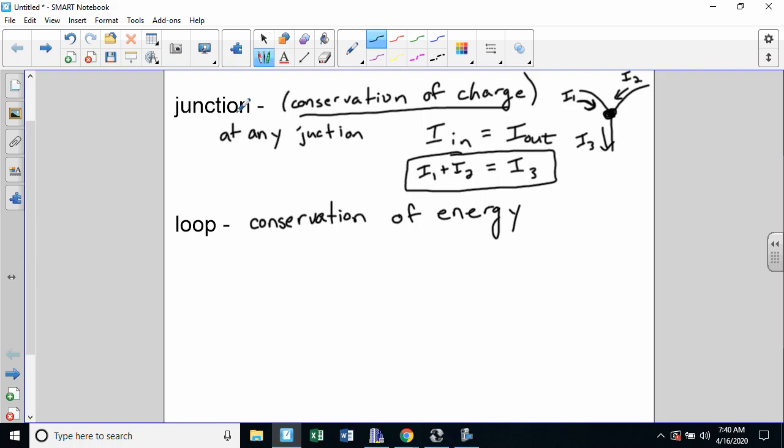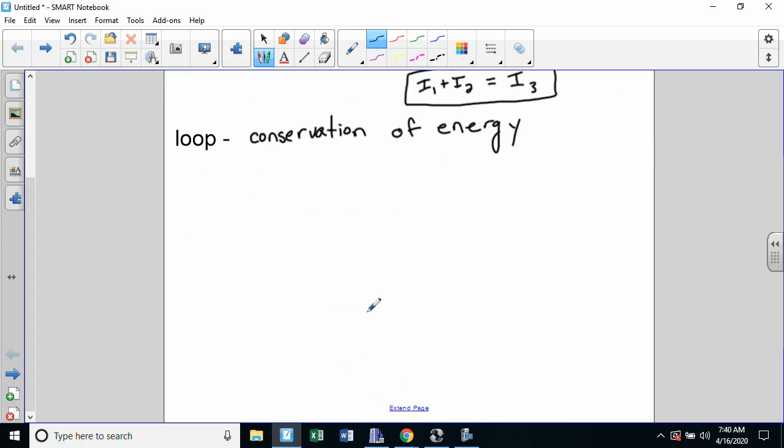And as charges encounter energy users like resistors and light bulbs and things of that nature, they're going to lose some energy. Okay, and then they're going to return back to the battery with a certain amount of energy. And these are represented in the voltages that we would measure on the batteries and the resistors and light bulbs themselves.